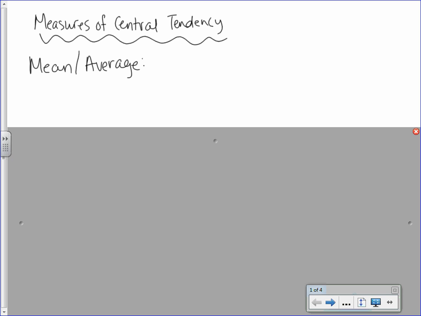If I give you a list of data, we add up all of that data, and then you divide it by how many pieces of data you have. So add up all data, and then we divide by the number of terms in our data.